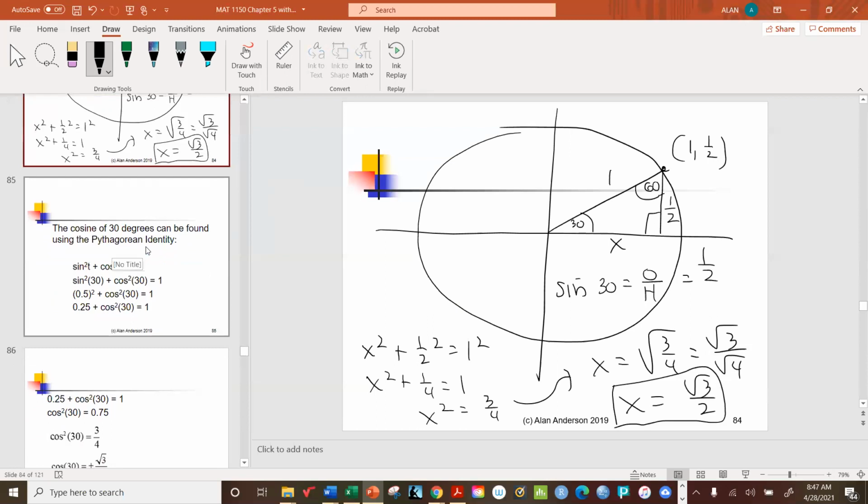Now, how about the cosine? So anyway, since now we've identified this as radical 3 over 2 because of the Pythagorean theorem, we can do our sine and cosine. So the sine of 30 being the opposite over the adjacent would be radical 3 over 2 divided by h, which is 1.